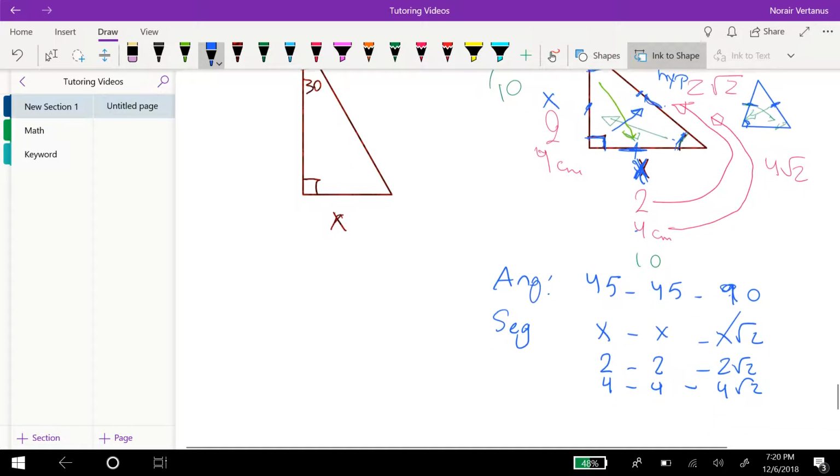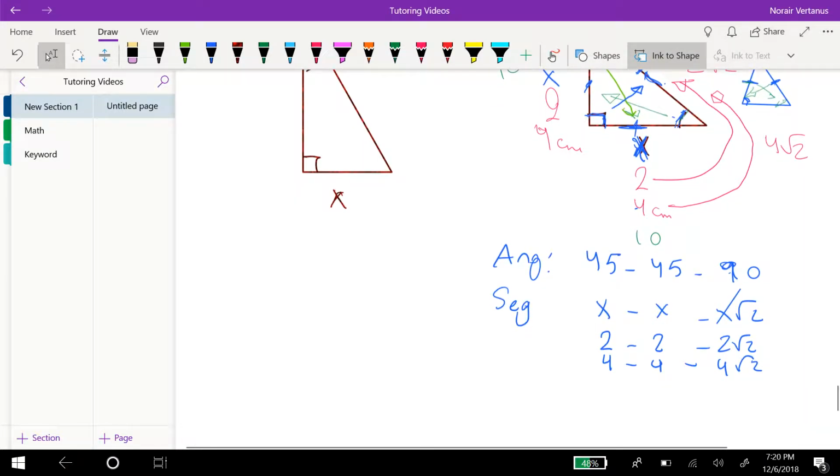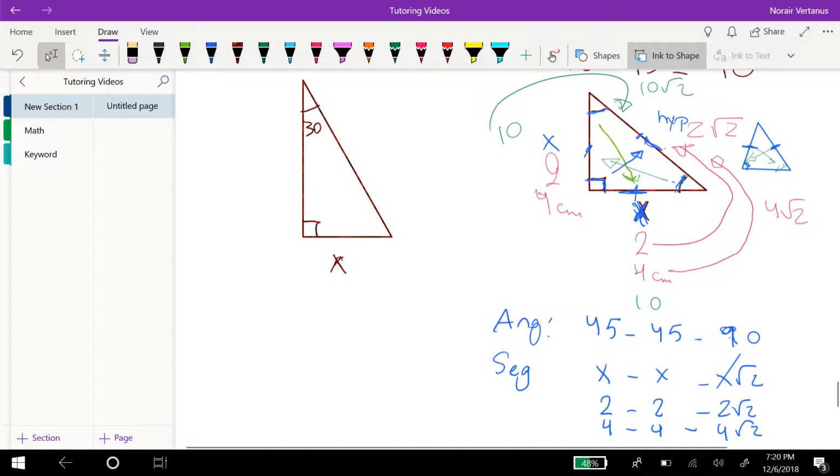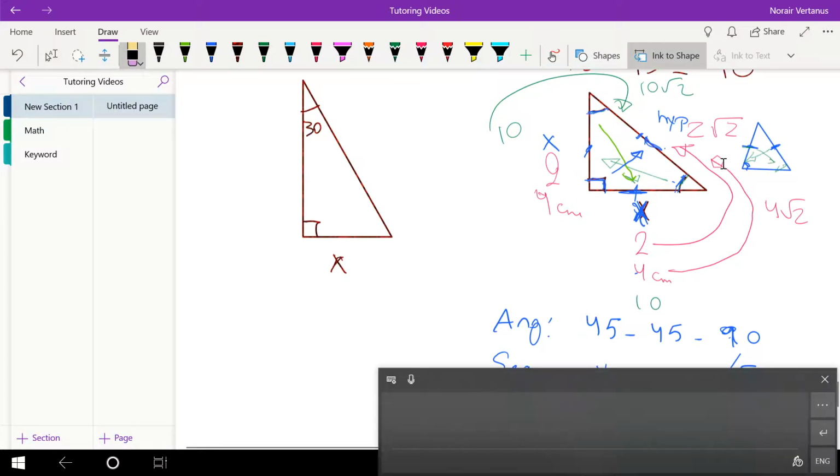Now, sometimes they might give you the hypotenuse and ask for the legs. Let me erase these things I already mentioned.